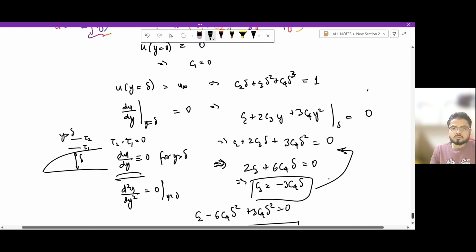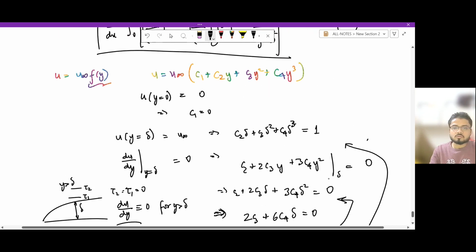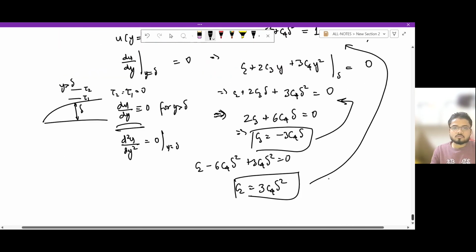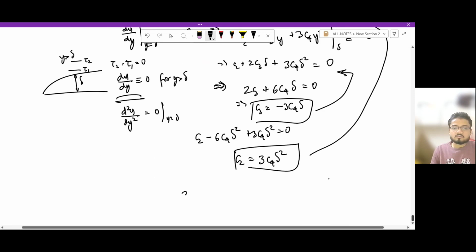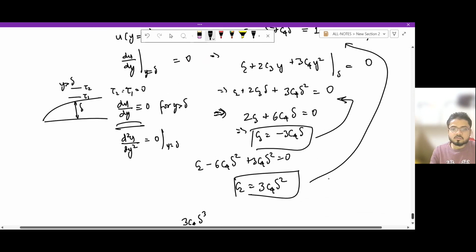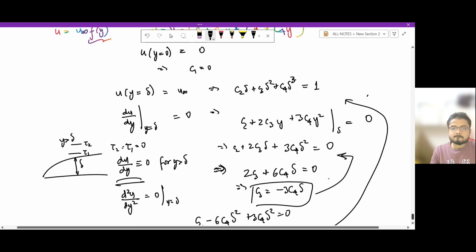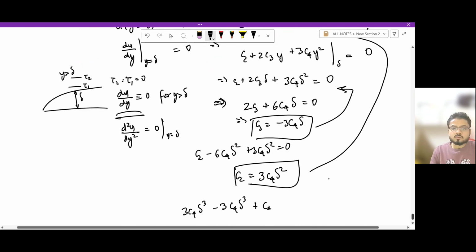And again, you put this c2 into the original equation with the constants. So you could always have 3c4 delta cubed, and c3 is minus 3c4 delta, so this would be minus 3c4 delta cubed, plus c4 delta cubed is 1.